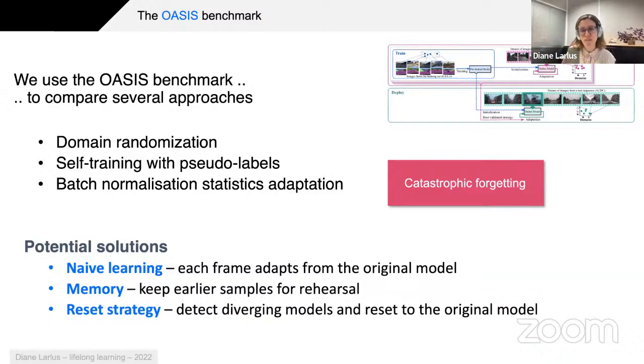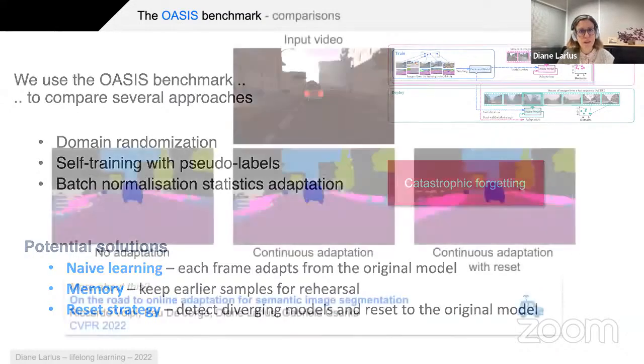So you can see it as a smarter version of the naive learning, which would use the naive learning approach only when the model detects that something goes very wrong with the adaptation. Although quite simple to implement, these reset strategies work extremely well in practice.